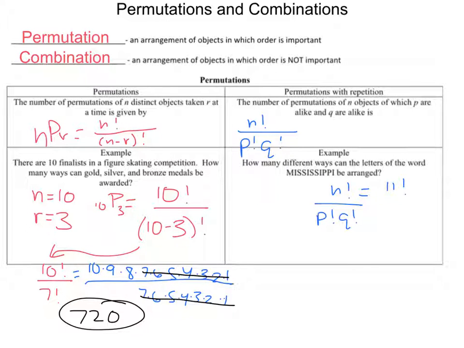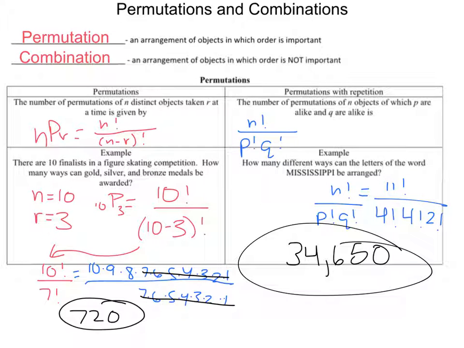The letter I occurs 4 times, so we include 4 factorial for the I. S occurs 4 times, so we include 4 factorial for the S. And P occurs 2 times, so we include 2 factorial for the P. You could go through and do all of this, but you can also use a calculator to simplify it. If you put this into your calculator, you're going to get 34,650. So there are 34,650 ways to arrange these letters.